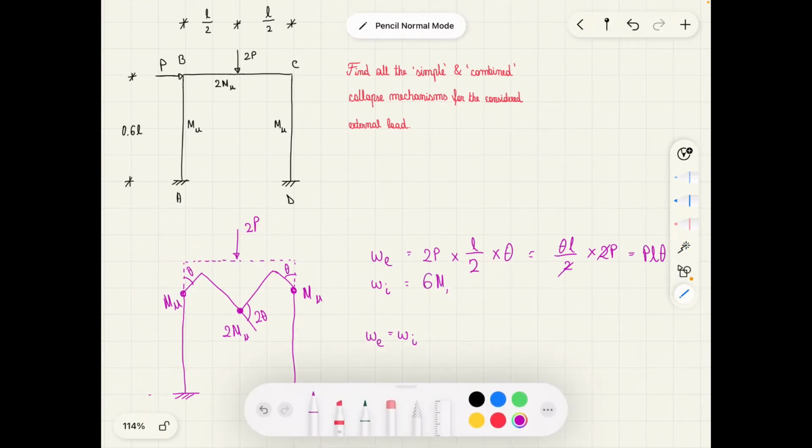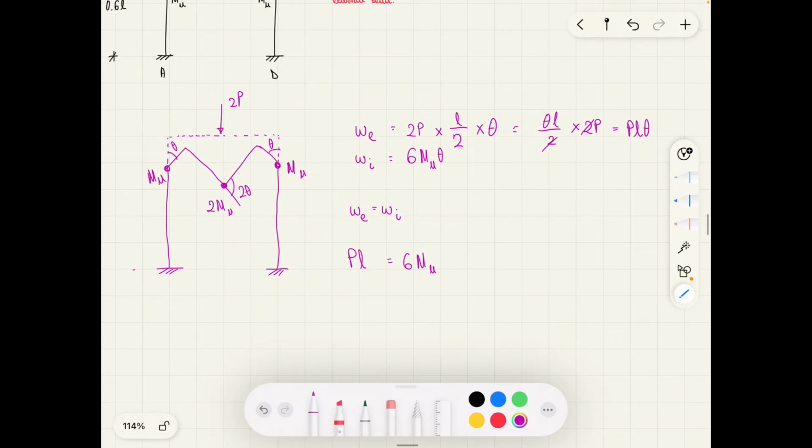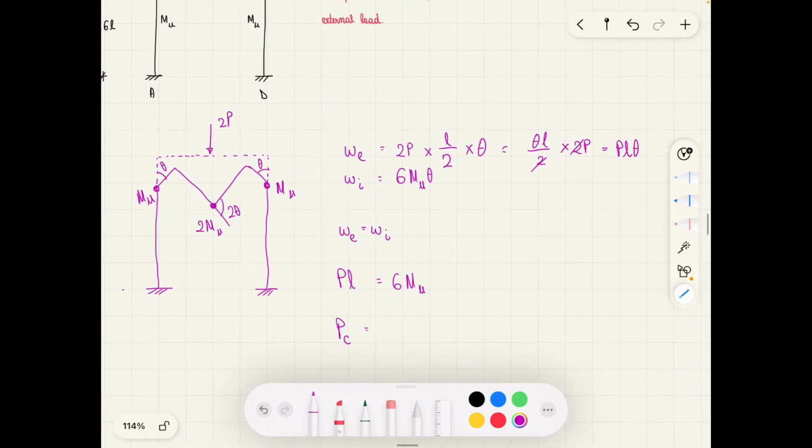Now, we can equate the external workload with the internal workload, and we have PL theta equals 6 Mu theta. We can get rid of the theta because it's equal on both sides. And the collapse load Pc for the vertical load is going to be 6 Mu over L.